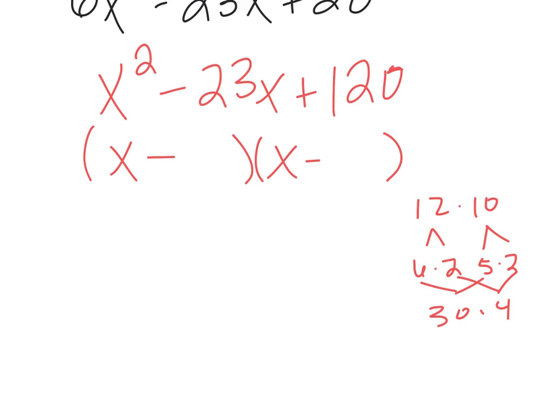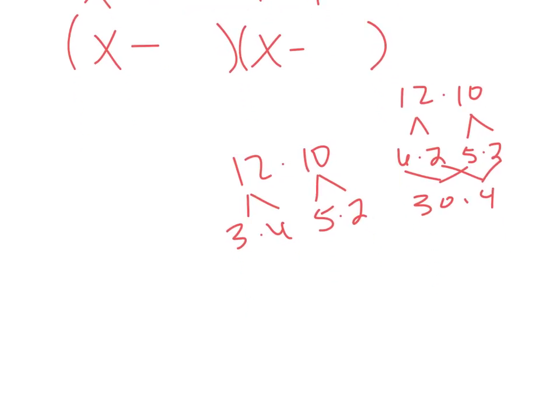Then for 10 times 12, I could do 3 times 4 and 5 times 2. So that gives me 20 times 6, which is going to give me 26. Oops. Or I could do 8 times 15, and that gives me 23.